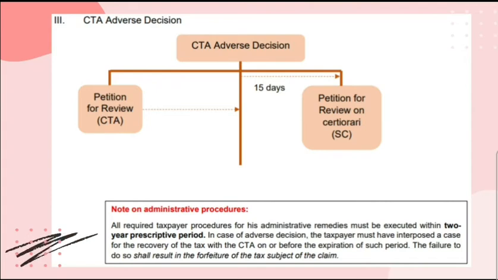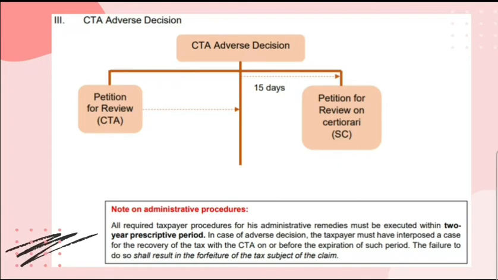And if denied by the CTA division, the next remedy would be the CTA en banc. In CTA en banc, not only 3 justices will decide on the petition, but all 15 justices will decide.